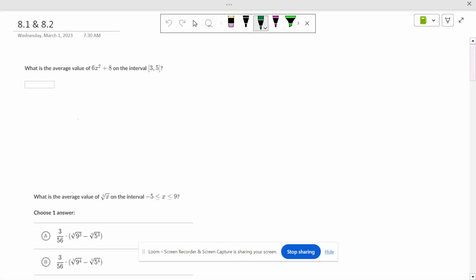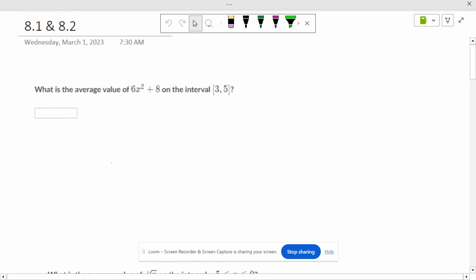Okay, so today we're doing the average value of a function, and then we're doing displacement and distance traveled and so on by particles along a function. So, first of all, find the average value of a function.